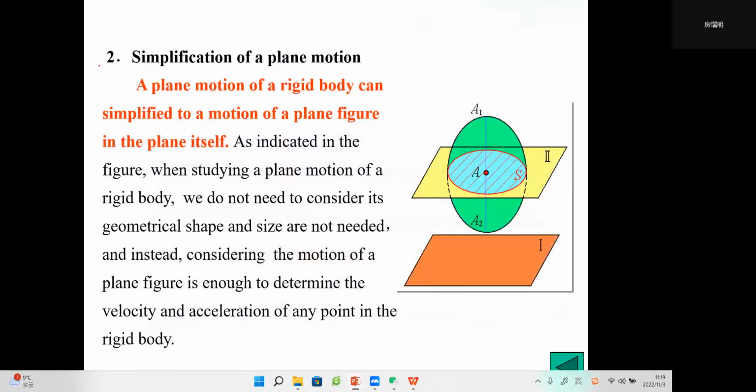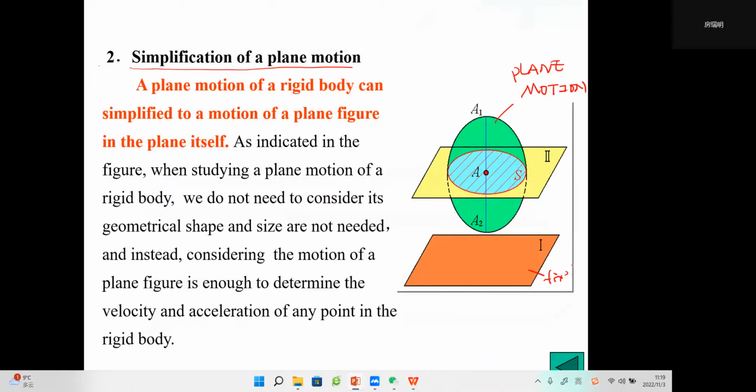So let's see the second thing, how to simplify a plane motion. Let's say this green is the rigid body, which has a plane motion. Its typical characteristic is we have a fixed plane here.